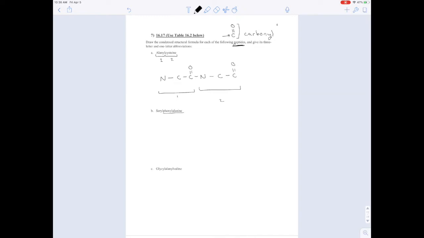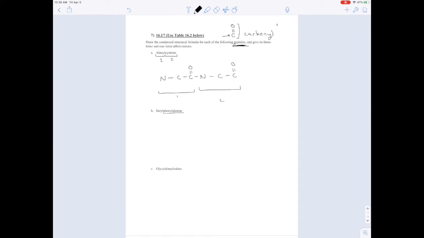And that's 2. So what's happening here is the amine on one amino acid is connecting to the carboxylic acid on the other one, and it's changing it to an amide. This is a reaction that we saw in the organic chemistry section of the course, and that bond right here that's connecting the 2 amino acids to form a peptide is called a peptide bond.